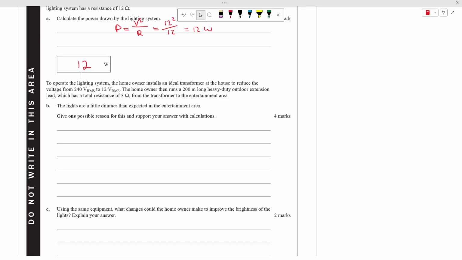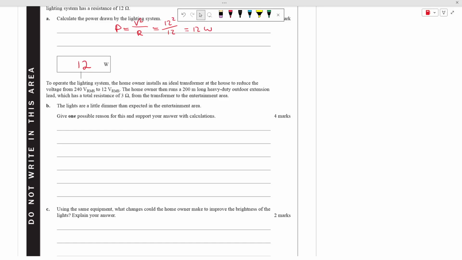Some of that available 12 volts is being drawn by the heavy-duty leads. So there's less voltage available to the lights, and that's why they appear dimmer. You could use the same argument for power as well. So I think we'll just state that.